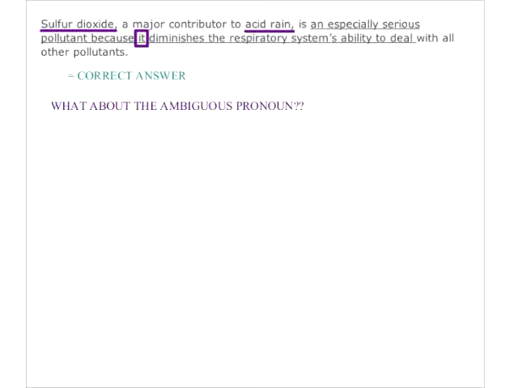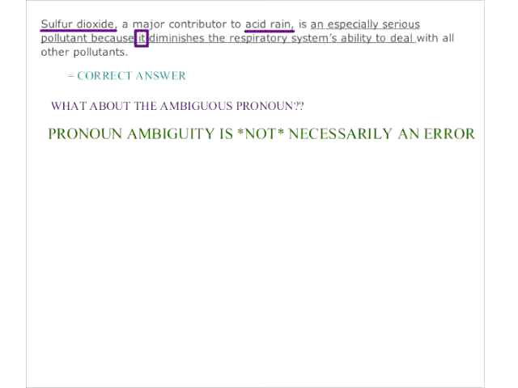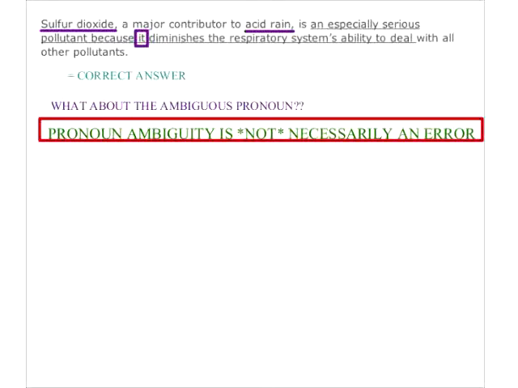Another super major point here is this, a cause of lots of pain and anguish on the forums and elsewhere: pronoun ambiguity is not necessarily an error. In fact, there are lots and lots of problems whose correct answers have technically ambiguous pronouns.